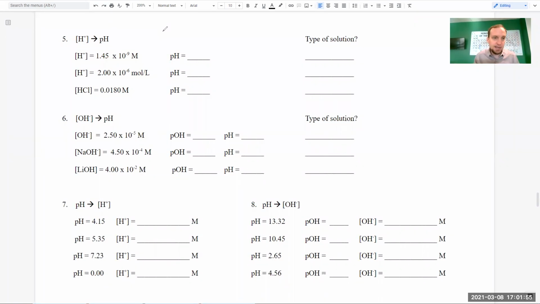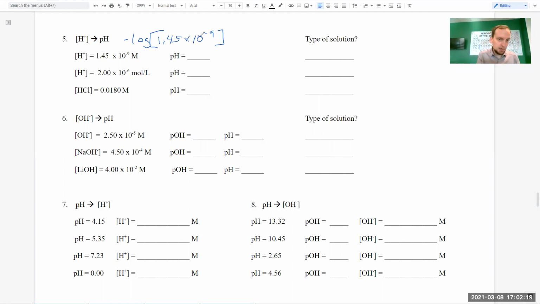So for number 5, what we have is the H+ concentration, and we're trying to convert that into a pH. So what we've done before is we're going to use the equation at the very beginning, which is negative log of the H+ concentration. So for the first one, it'd be 1.45 times 10 to the -9. So I'm going to pick up my calculator.